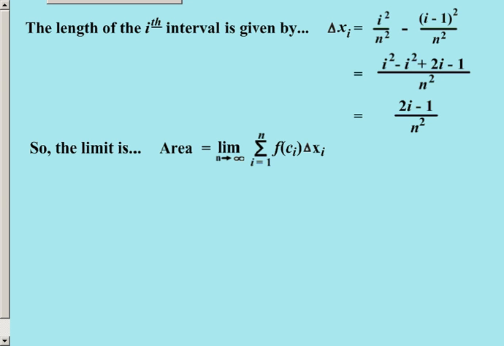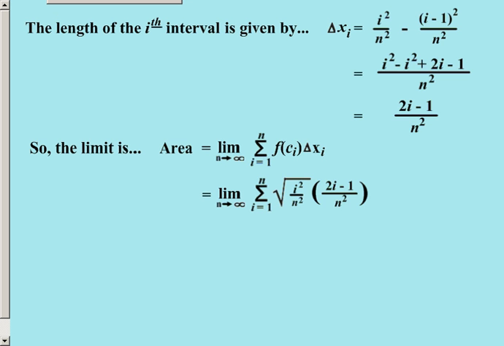So our area is given by the limit as n goes to infinity of the summation from I equals 1 to n of the function evaluated at c within the ith subinterval times delta x of the ith subinterval.